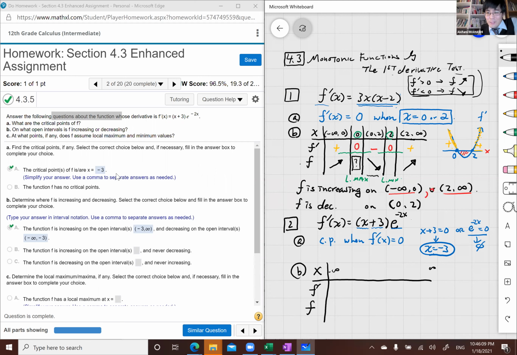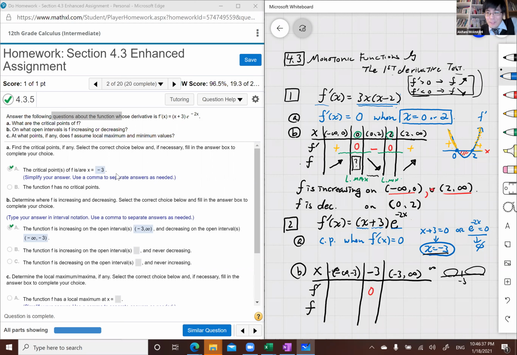And the only key number you're going to have is negative 3. At negative 3, the derivative is 0. So now the number line is split into 2 sections: one between negative 3 through infinity, and another between negative infinity through negative 3.